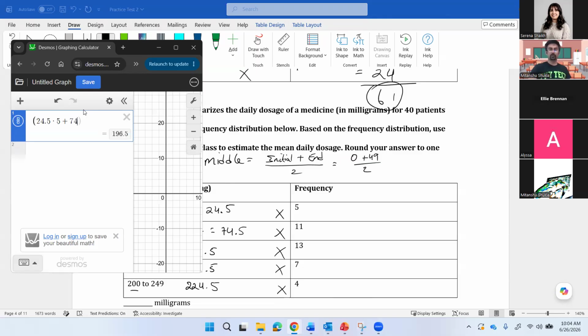Plus 74.5 times 11 plus 124.5 times 13 plus 174.5 times 7 and plus 224.5 times 4. And we're going to divide that by what? By the number of patients that I have. I have 40 patients, and I get 117.